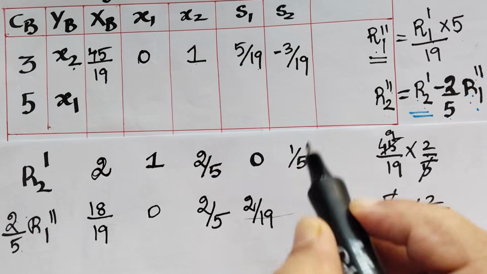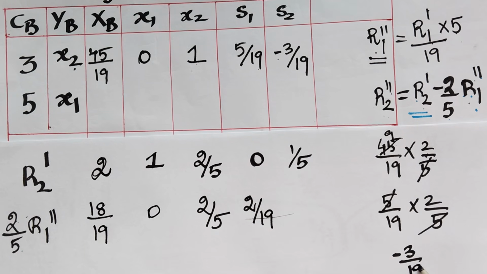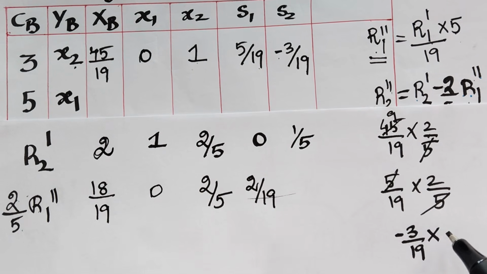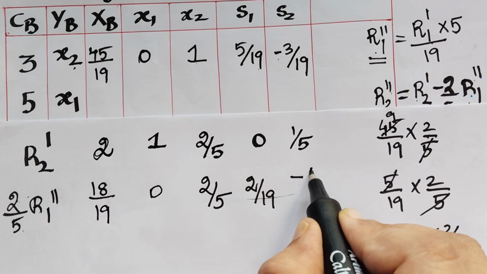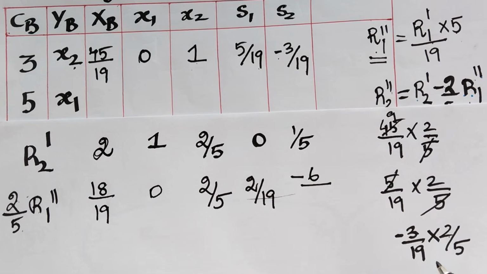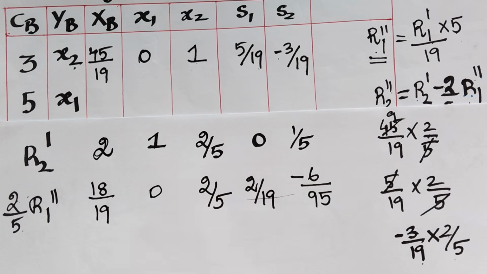And the last value is minus 3 by 19. So minus 3 by 19 multiplied with 2 by 5. So 3 2 times is 6. And so it will be minus 6 divided by 19 multiplied with 5, which is 95. So 3 2 times is 6 in the numerator.